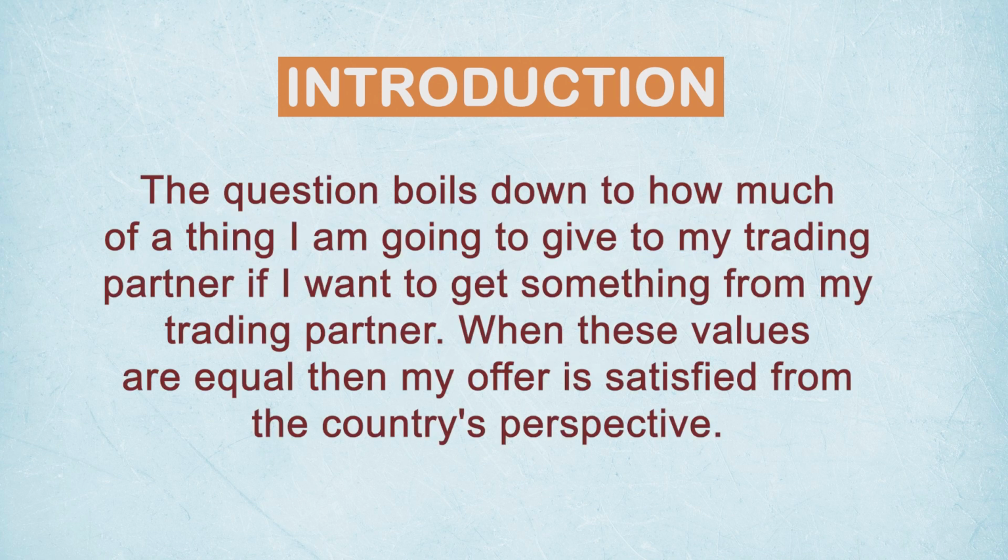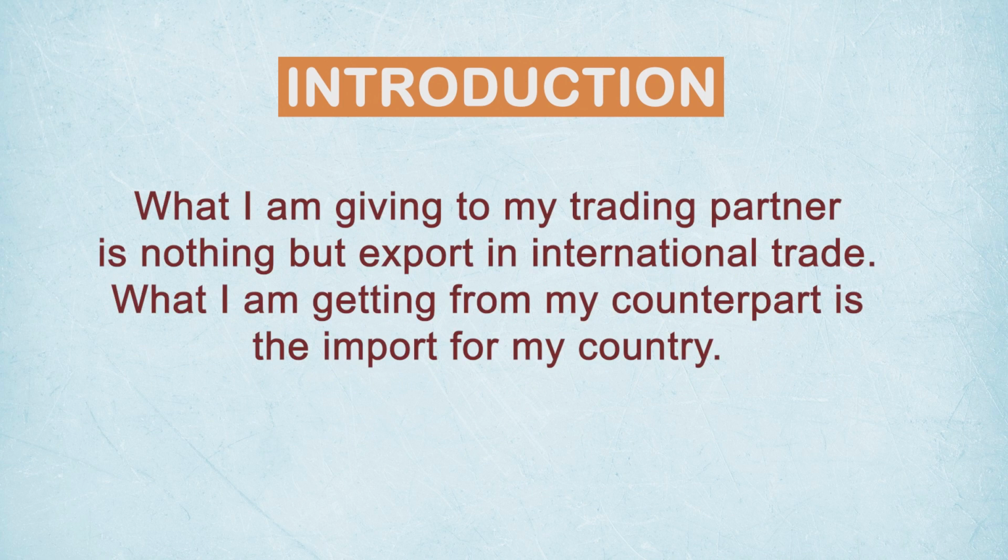So the question boils down to this: how much of a thing am I going to give to my trading partner if I want to get something from my trading partner, and when these values are equal, then my offer is satisfied. From the country's perspective, what I'm giving to my trading partner is nothing but export in international trade, and what I'm getting from my counterpart is the import of my country.